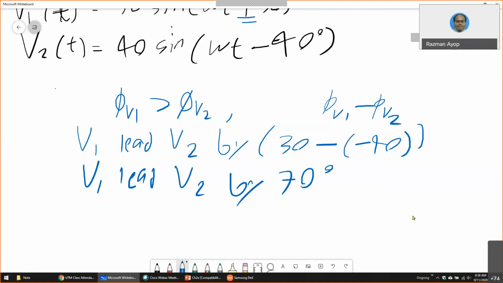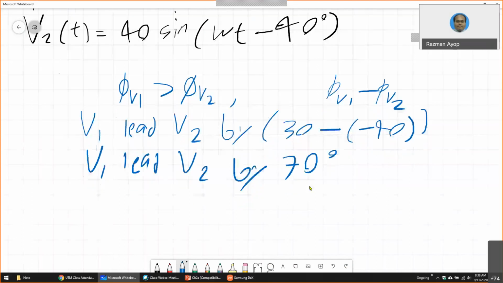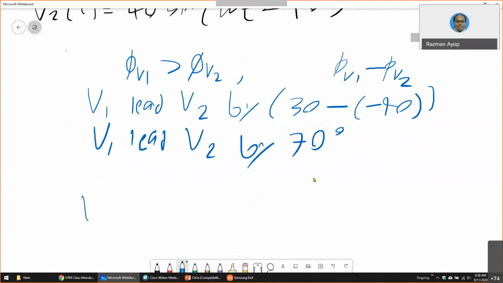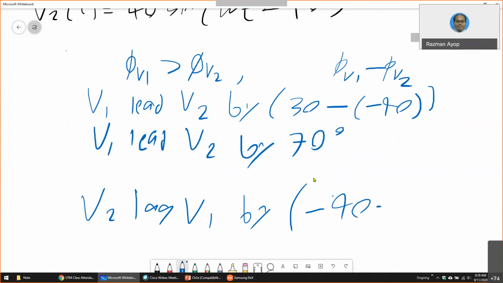Or if you look at it another way, V2 lags V1 by, if we flip, negative 40 minus 30.